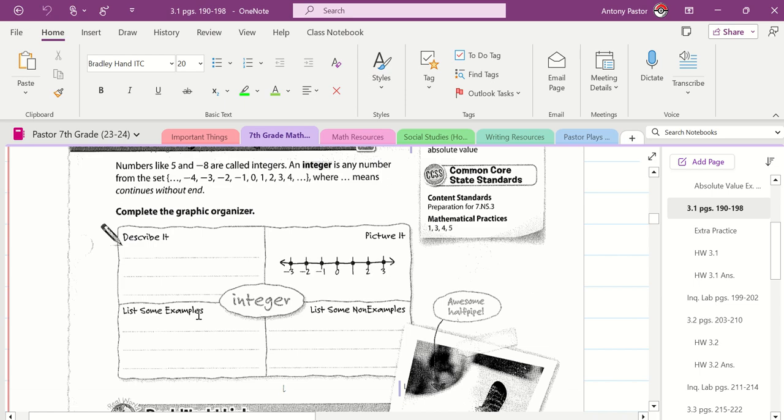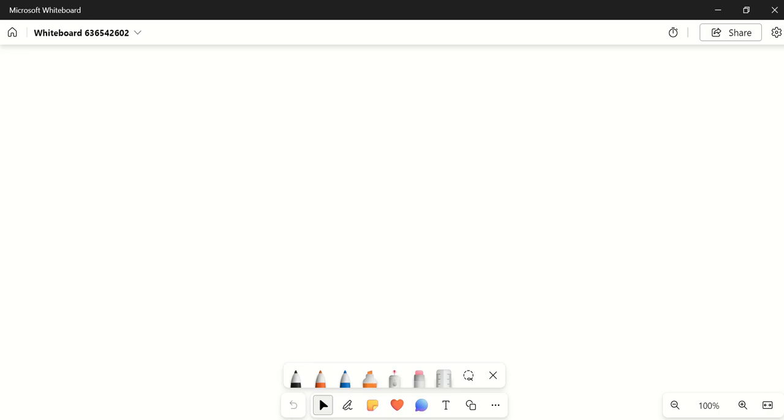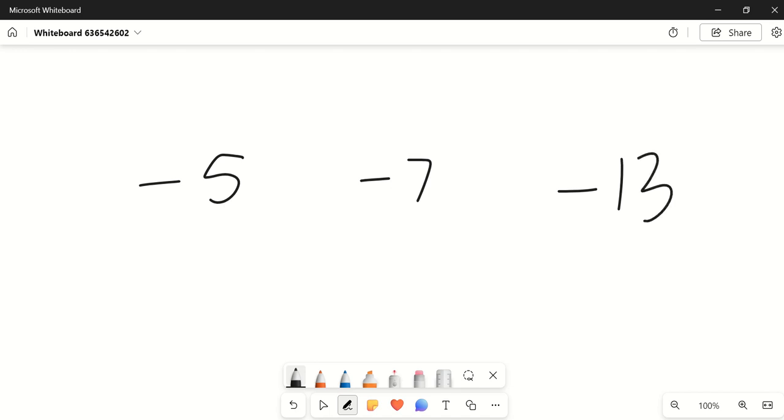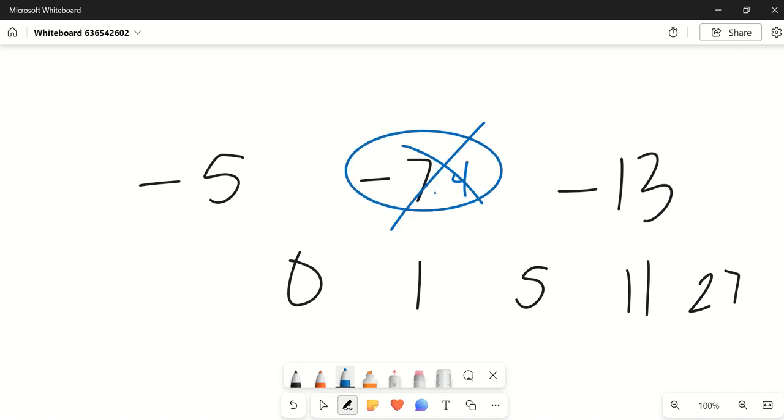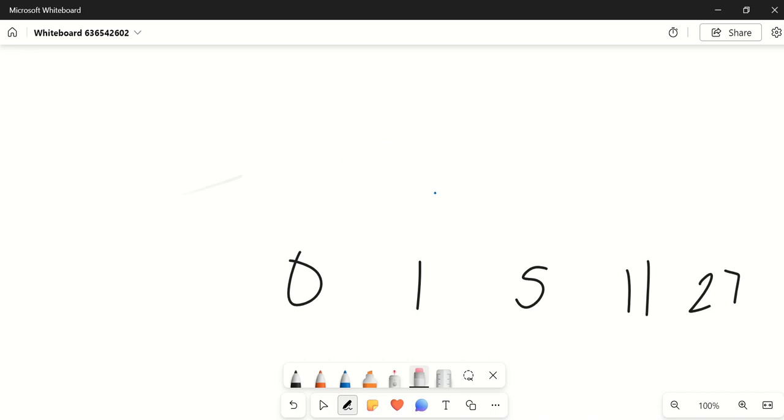Again, examples of integers could be negative 5, negative 7, negative 13, 0, and positive 1, 5, 11, 27, etc. Integers will not have decimals. This is not an integer. So again, all whole numbers, positive and negative, and 0 are integers.